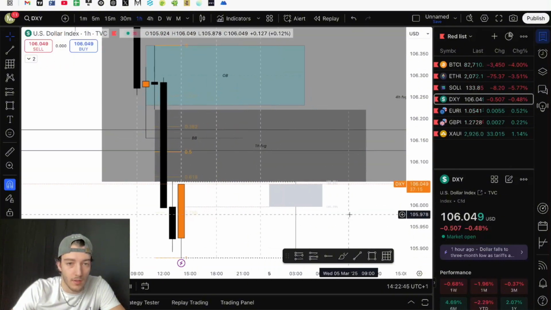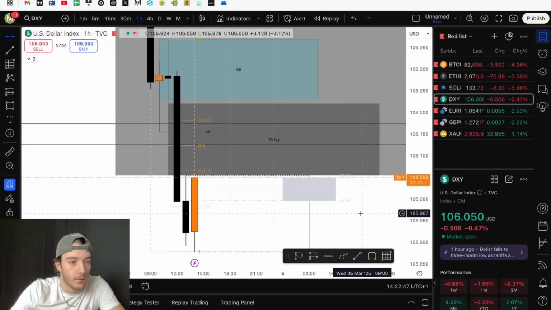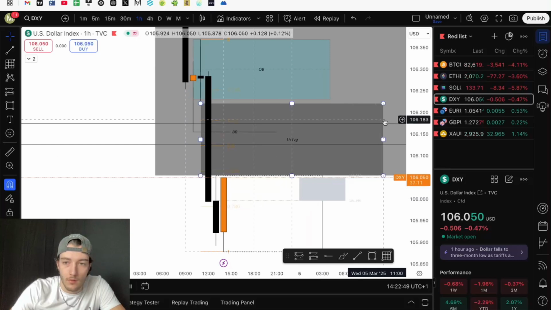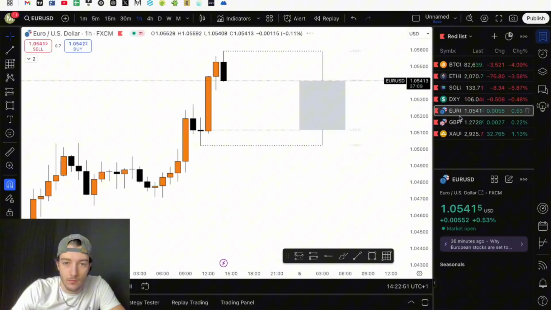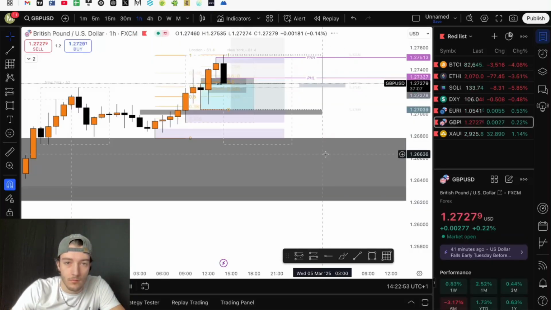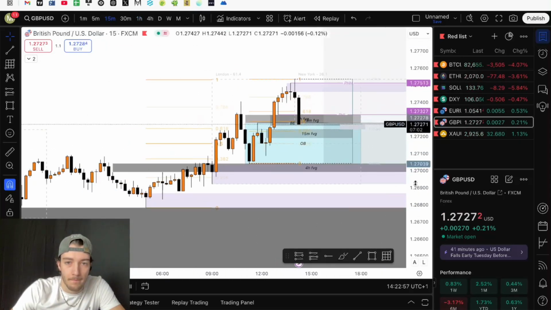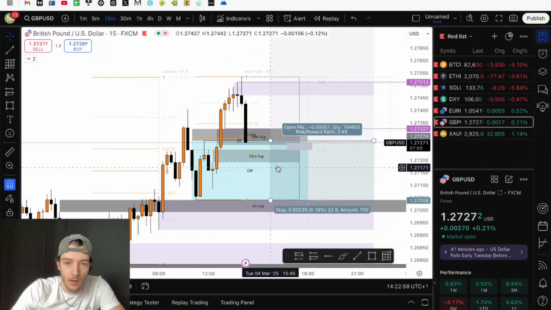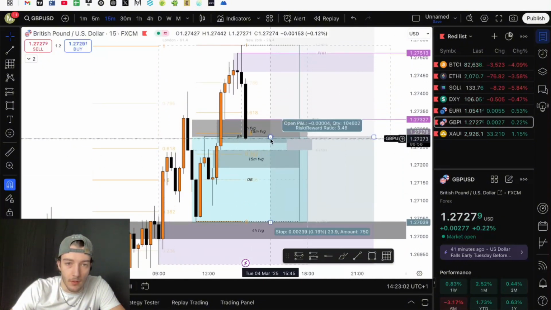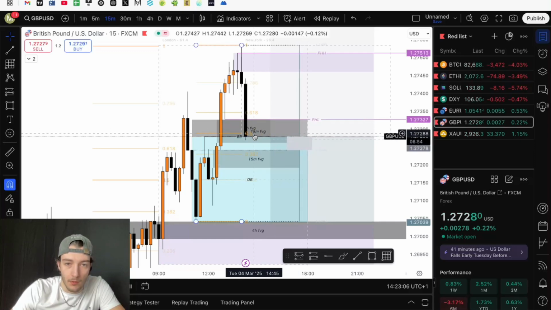We are about to tap into this 1 hour fair gap. GU is getting deep into the order block. Now at breaker level with this 15-minute fair gap in 1 hour.